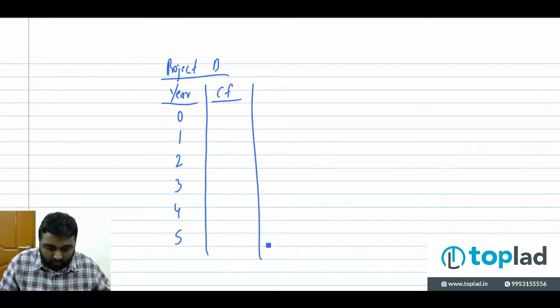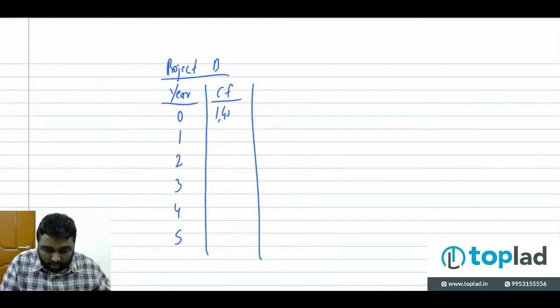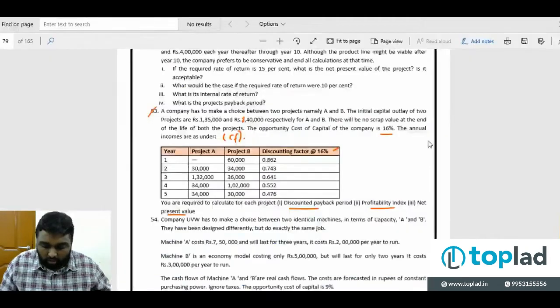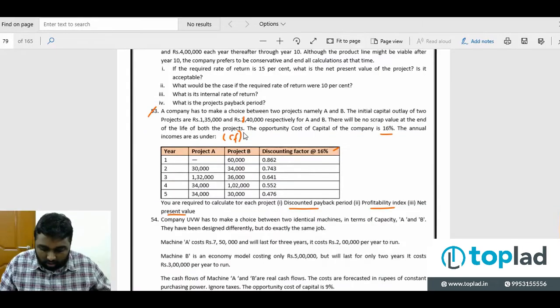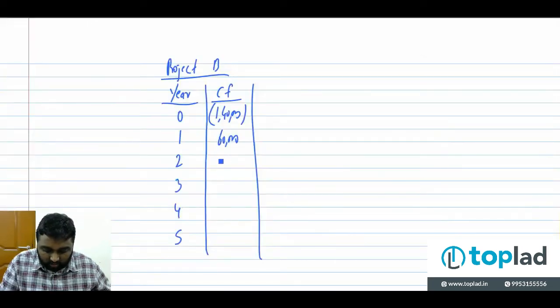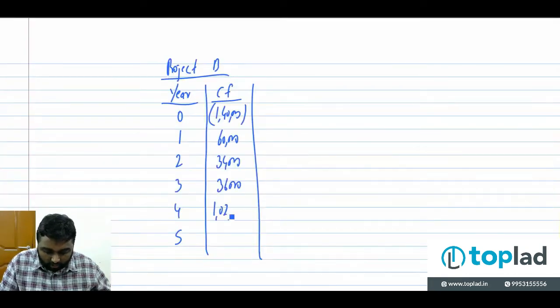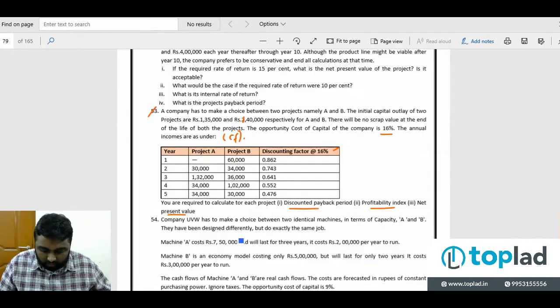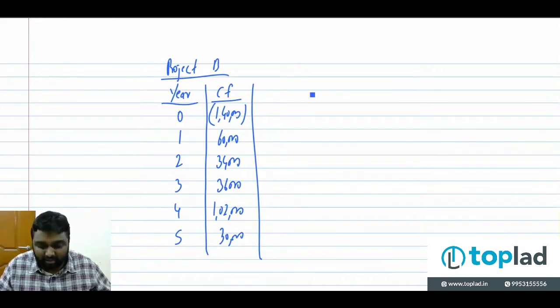Cash flow. What is the cash outflow? We just rectified the number as 1,40,000 outflow. First year 60,000, second year 34,000, next 36,000, 1,02,000, 30,000. So discounted payback first we will do.